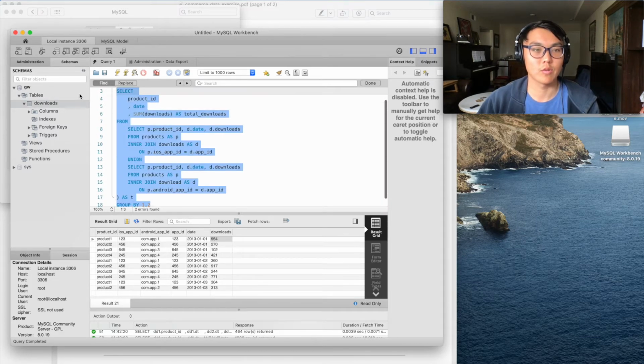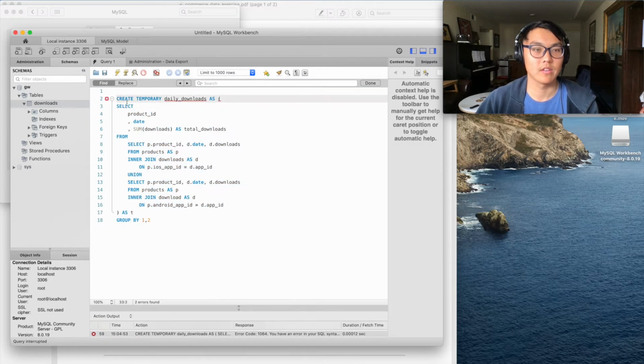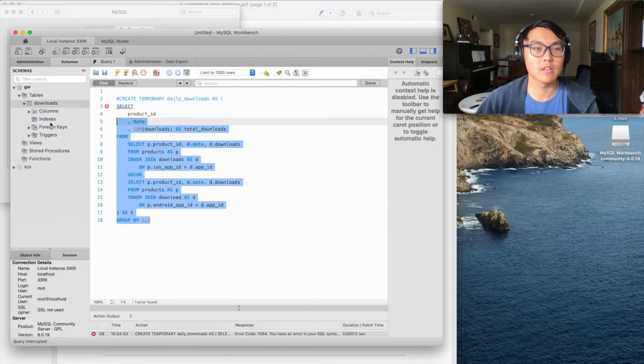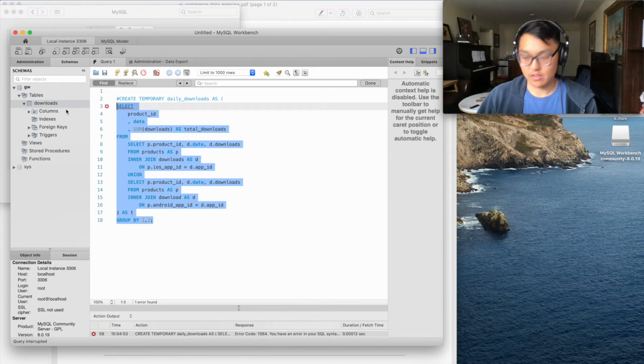So let's just run this query first, see what the output is. It complains. It needs a semicolon. So picky.